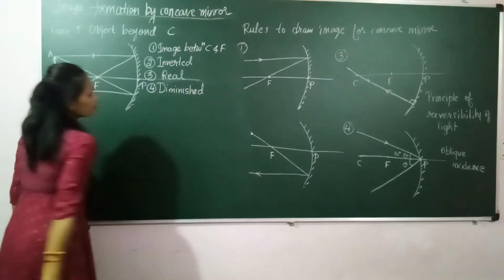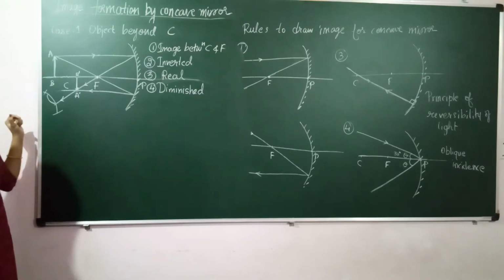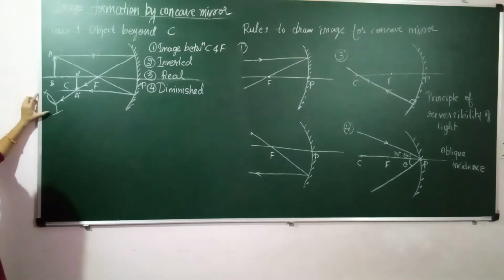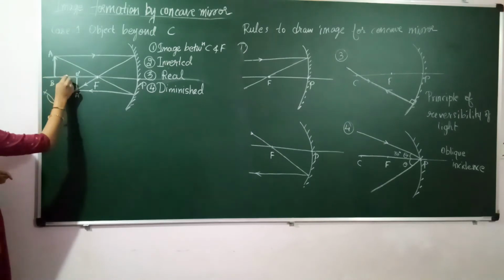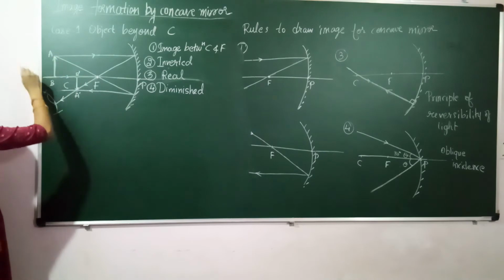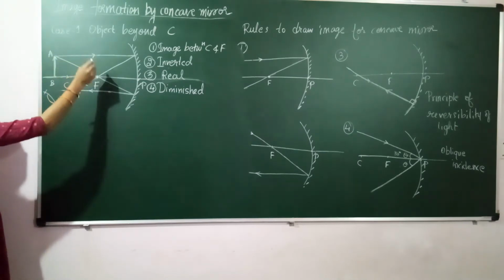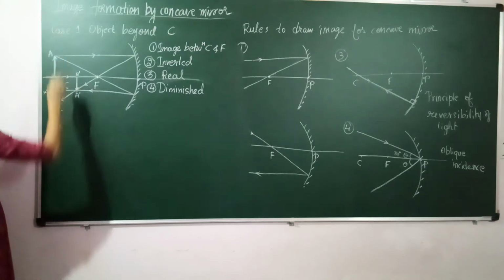So the image is diminished. Diminished means the image size is smaller as compared to the size of the object. So this is about case 1. Whenever the object is kept beyond the center of curvature, this is your center of curvature, if you place any object beyond the center of curvature, the image is always formed between C and F. So this is about case 1.